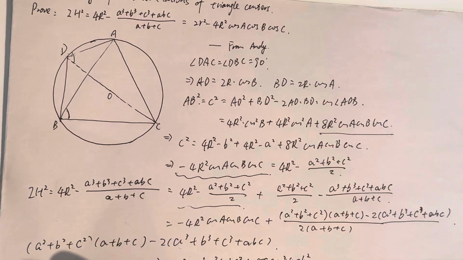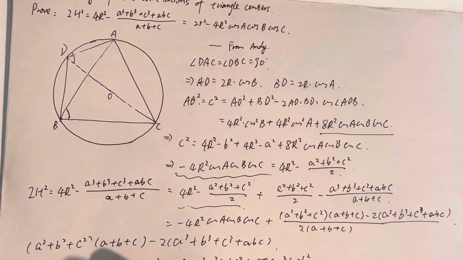Make it (a minus b) squared, right? And for the a to the power 3, we can just have ab squared here, right? So make it, let's see, plus a(b squared minus a squared), right?